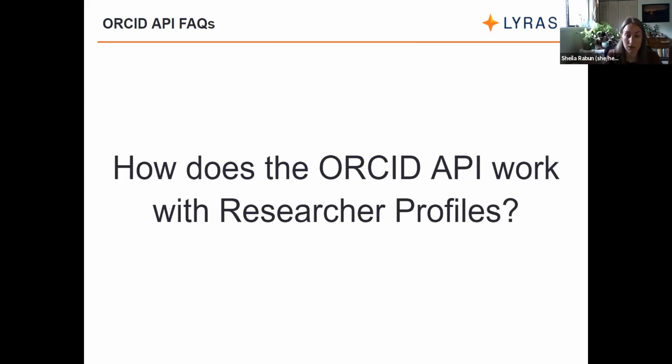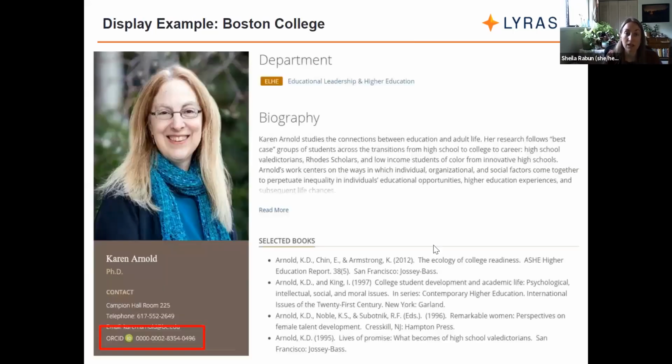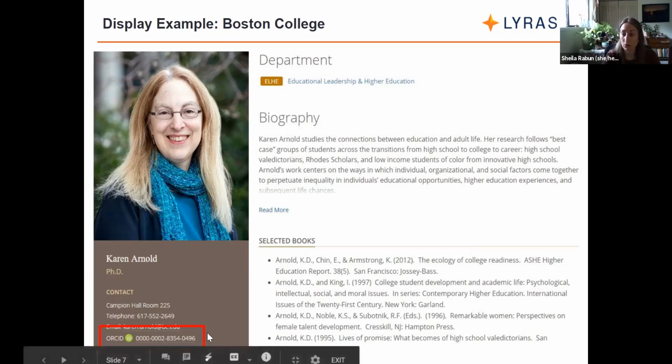One of the use cases I was thinking about here is, if your organization is also giving people faculty profile pages, you can leverage the ORCID API for that. If you have authenticated ORCID IDs for your researchers, you can simply display that ORCID ID so that anybody looking at this profile could click on it and be linked out to the person's ORCID record and see more information about them.